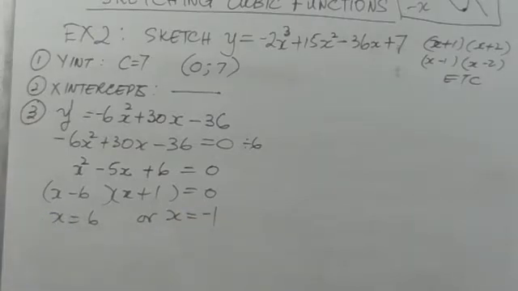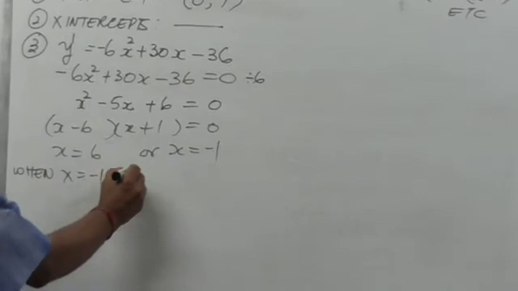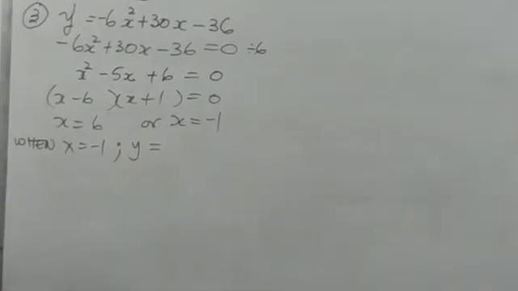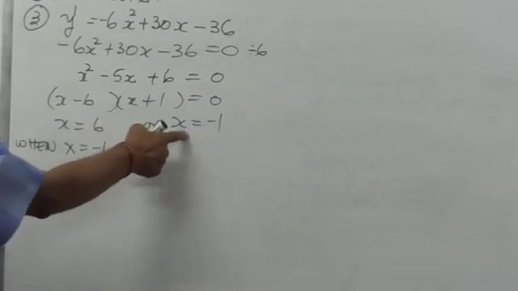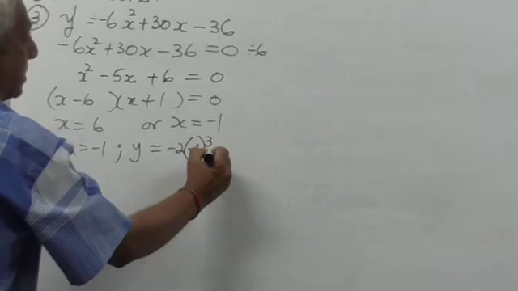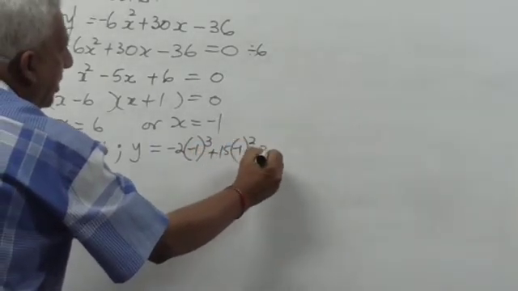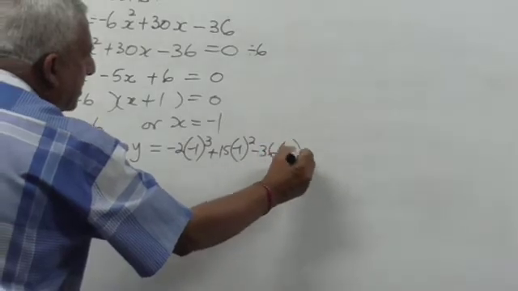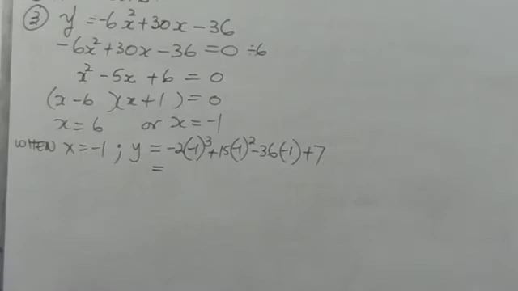Now you want to find the y-value. When x is equal to negative 1, y is equal to, put in the original, minus 2 into negative 1 cubed plus 15 into negative 1 squared minus 36 into negative 1 plus 7.